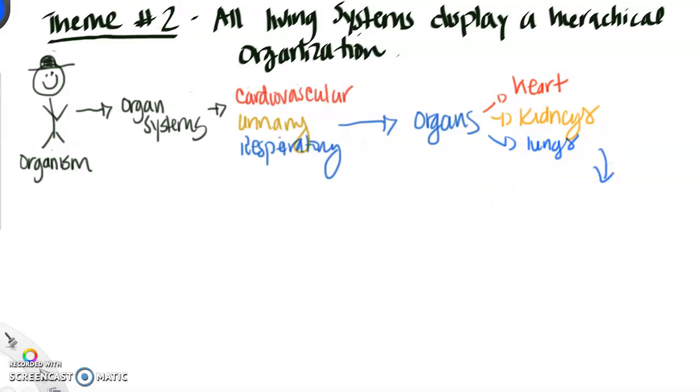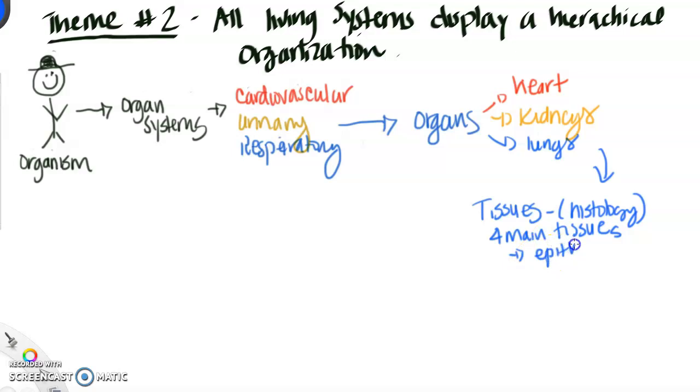Organs are made out of something we call tissues. All organs are made up of a minimum of 2 tissues. We call this histology. There are 4 main tissue types. We have epithelial tissue, and epithelial tissue is all over the body.